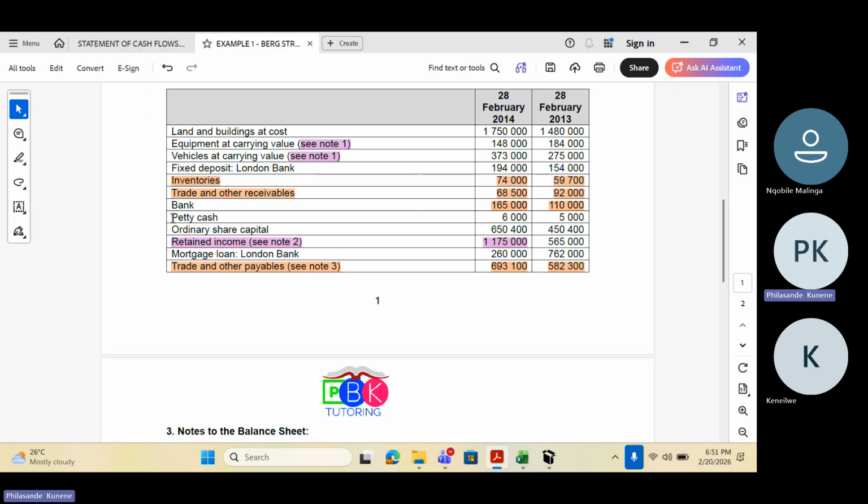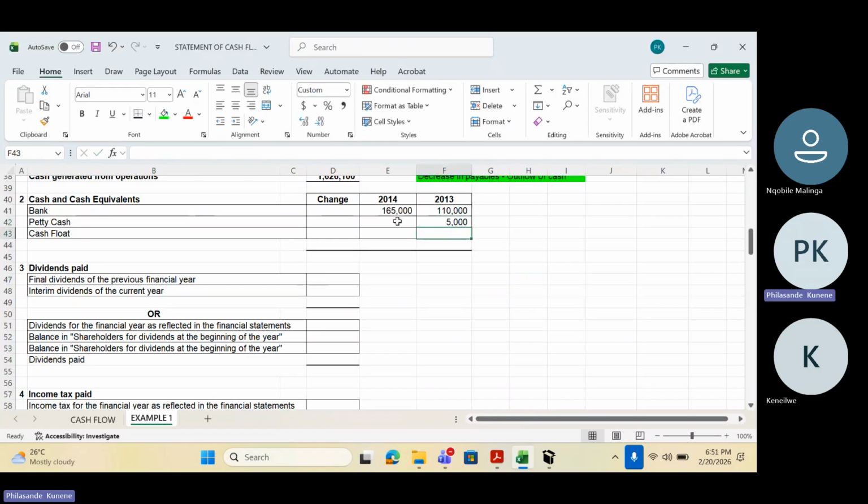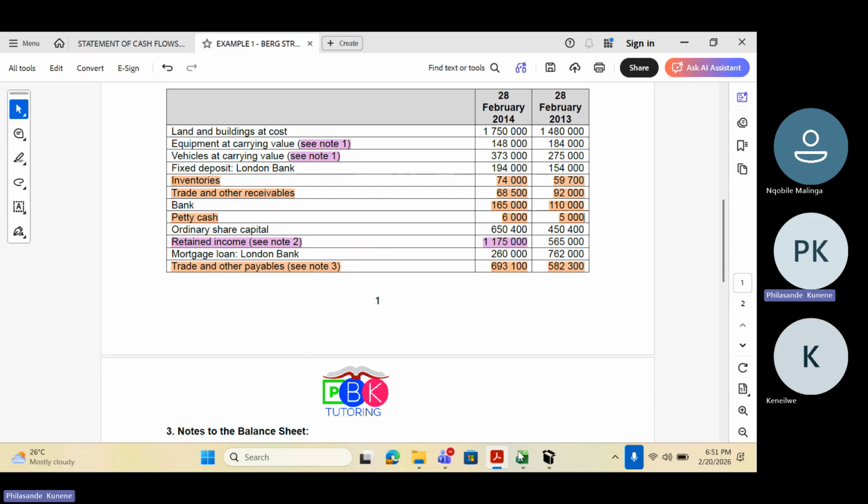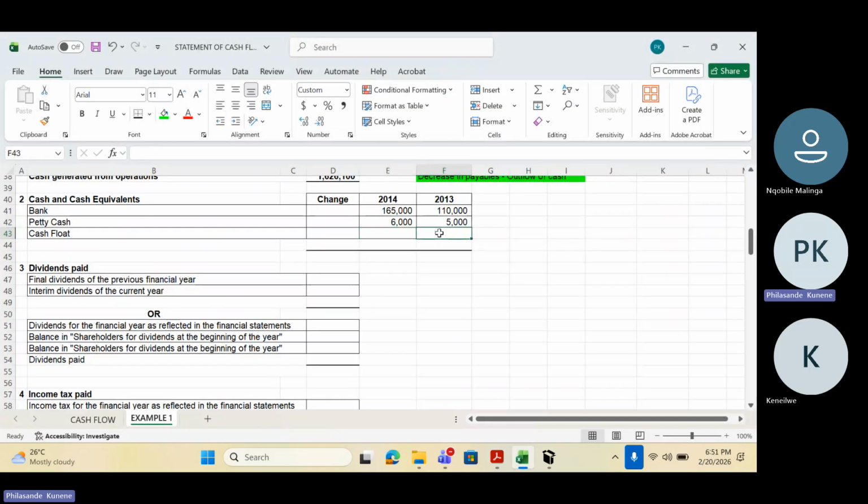Then what else do we have? We have petty cash of 5,000 in the previous year and 6,000 in the current year. And we don't have cash float here, so our cash float is going to be 0 and 0.